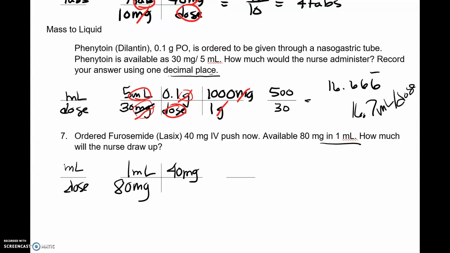Ordered furosemide Lasix 40 milligrams per dose, 40 divided by 80 equals 1/2 mL or 0.5 mLs per dose.